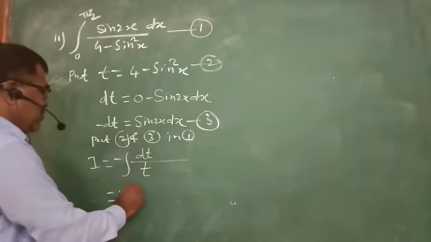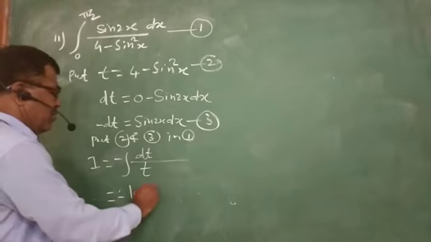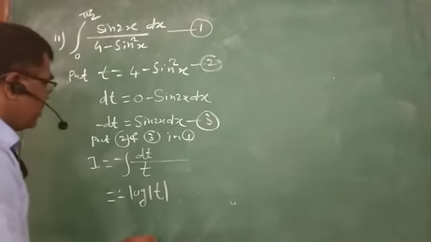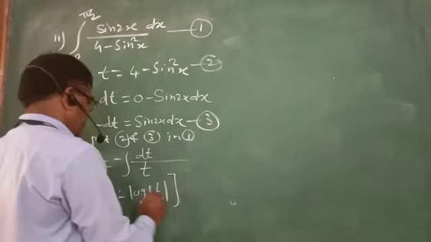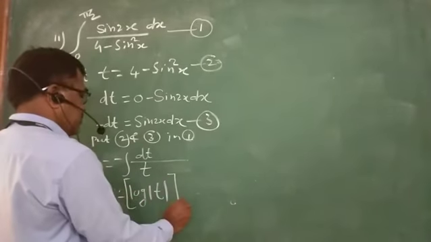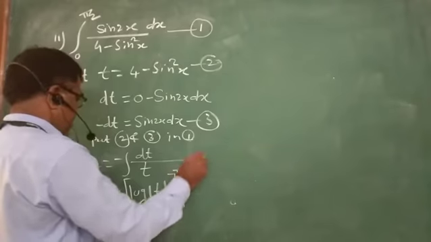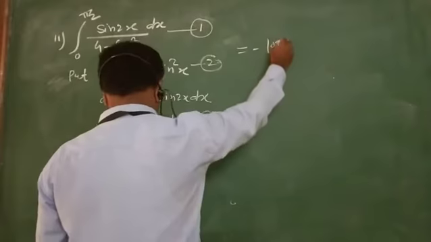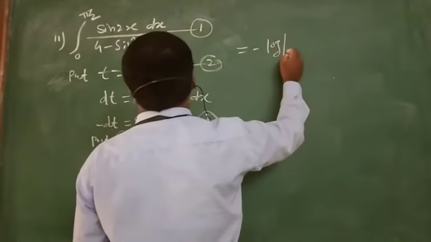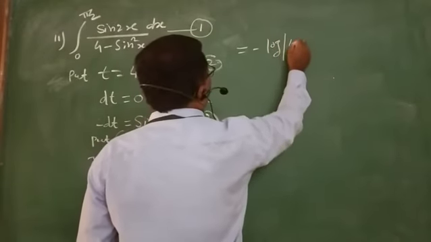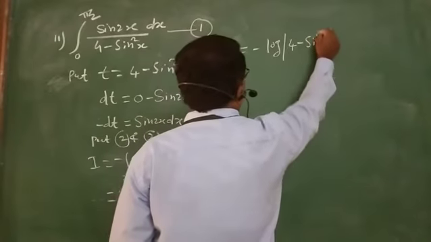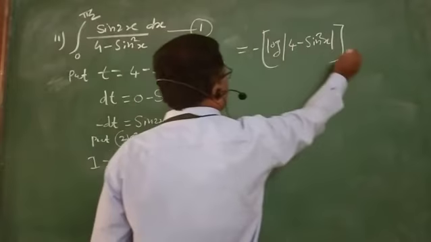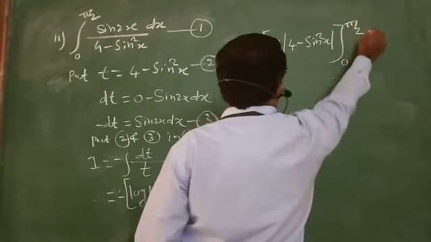t. That is equal to minus log mod t, 0 to pi by 2. That is equal to minus log mod, what is t, 4 minus sine square x, bracket 0 to pi by 2.